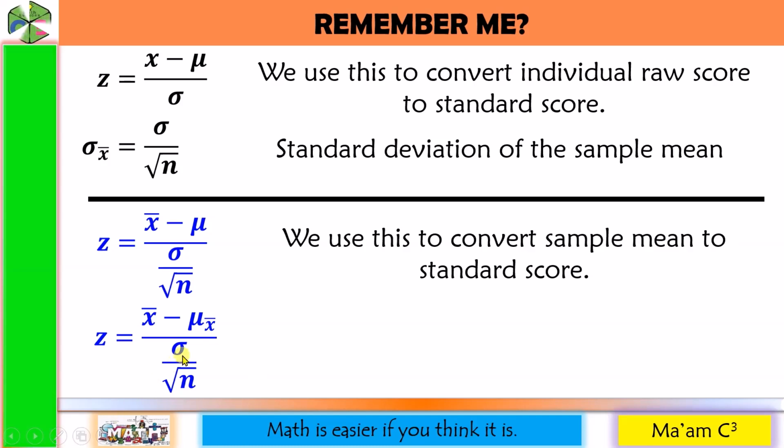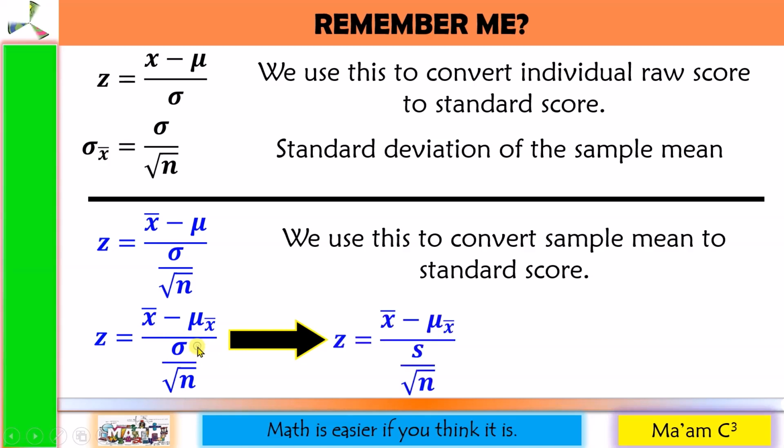What if the population standard deviation is also not available? If that is the case, we may replace the population standard deviation with sample standard deviation. But take note that this formula can only be used if our n is greater than or equal to 30.